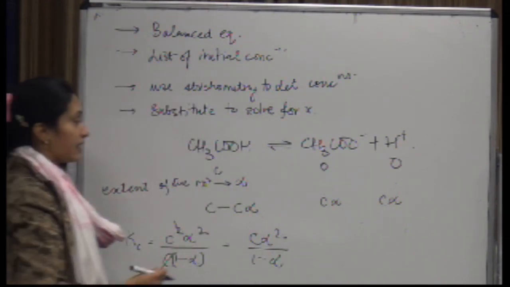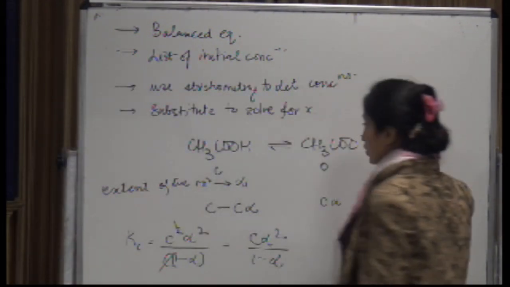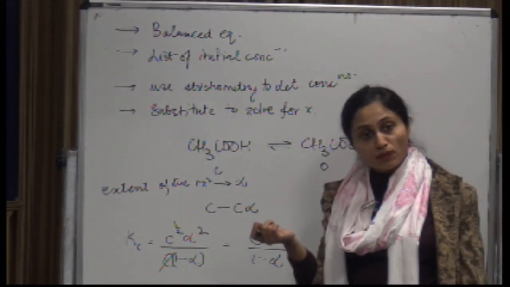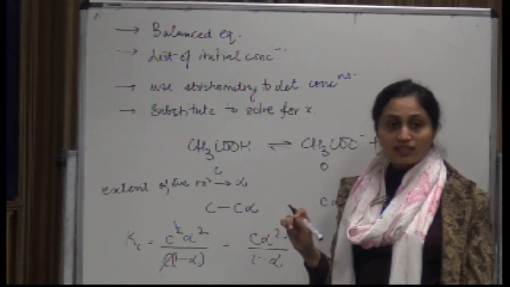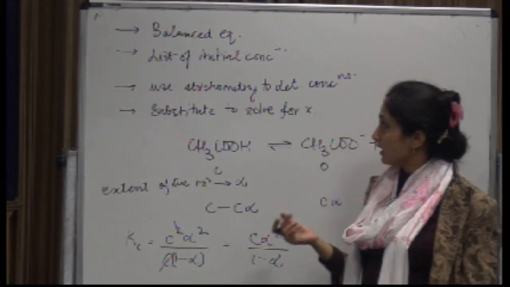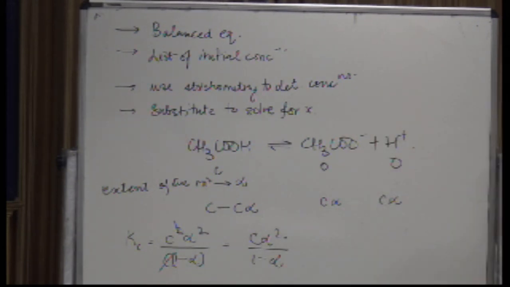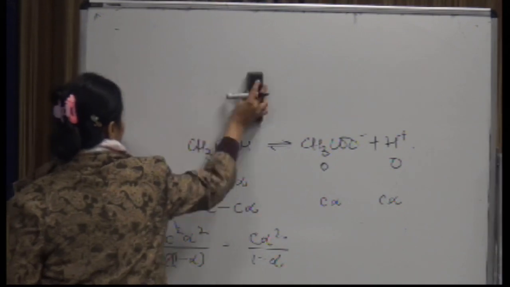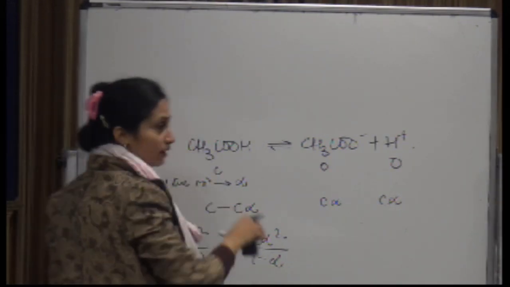Now if I am saying that this reaction proceeds to a very little extent, then alpha is going to be much less than 1. Because if this reaction proceeds to a very little extent, then alpha will be small.